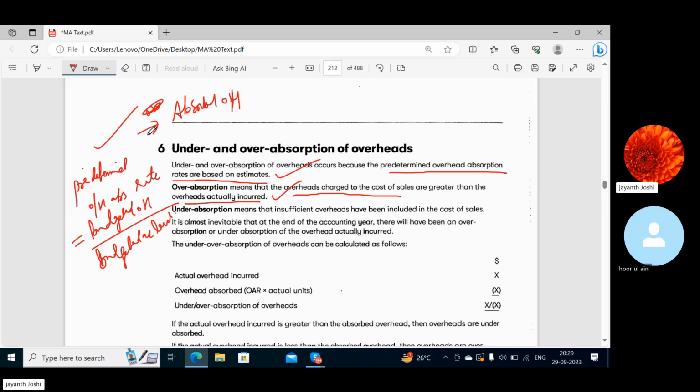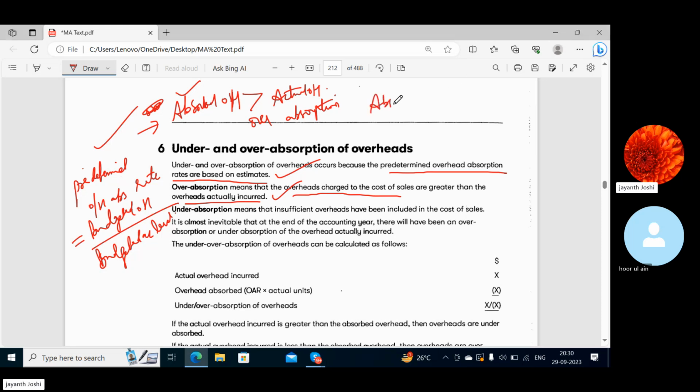If your absorbed overheads are more than actual overheads, it is called over absorption. Very simple. That means you have estimated more and you have incurred less. That means your absorption was more, right? That's the reason why it's over absorption.